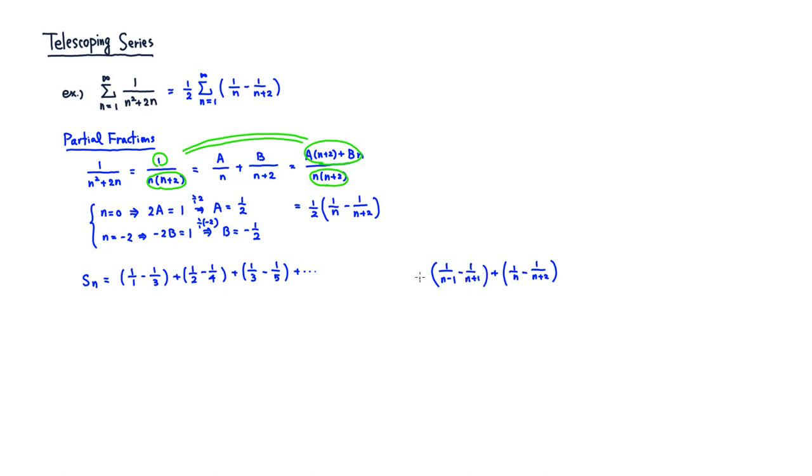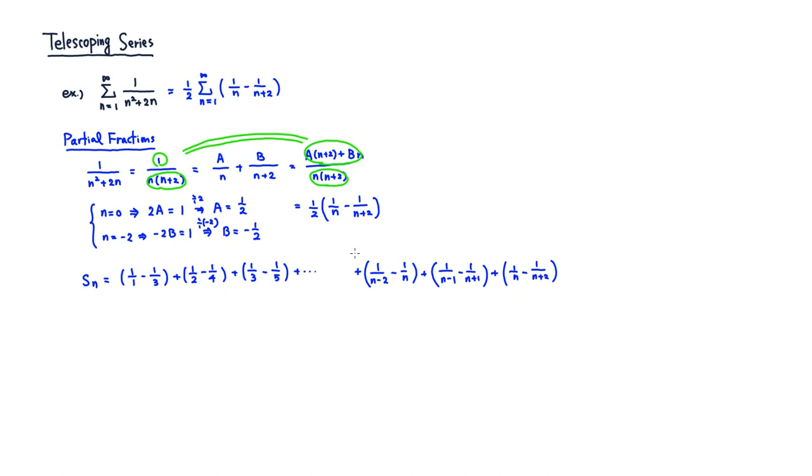And one previous term is 1 over n minus 2 minus 1 over n. So we have that, and we try to cancel out as many terms as possible.